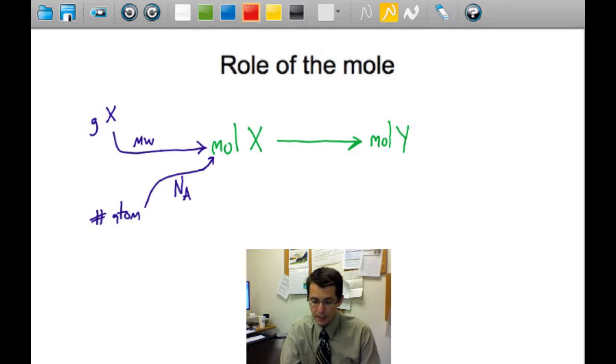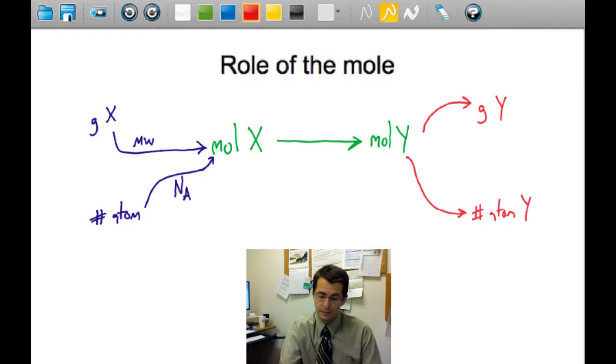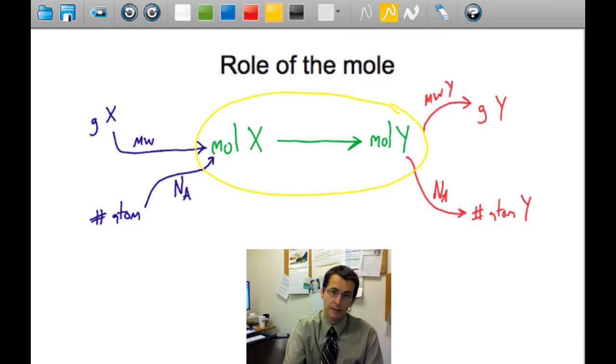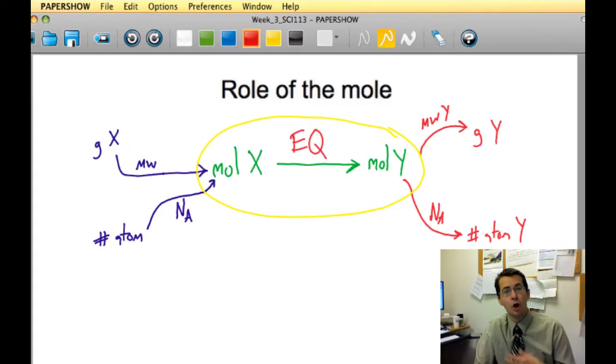And we can turn the crank the other way and spit out numbers of atoms and masses in the same fashion using the molecular weight and Avogadro's number. But central to this is this mole-to-mole conversion that stems from our chemical equation. So now we have an alternate way of finding the number of moles, and that's using Avogadro's number.